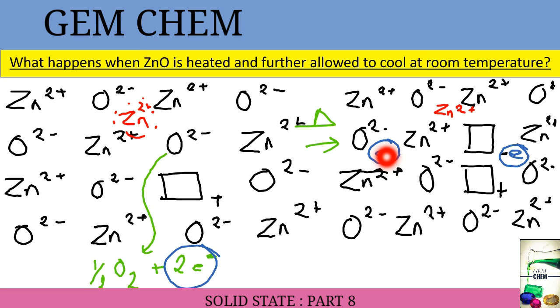These oxide ions will now occupy the anion vacant sites that were formed when they left. So the initial lattice sites are no longer F centers, and it is for this reason that the lattice regains its original white color.